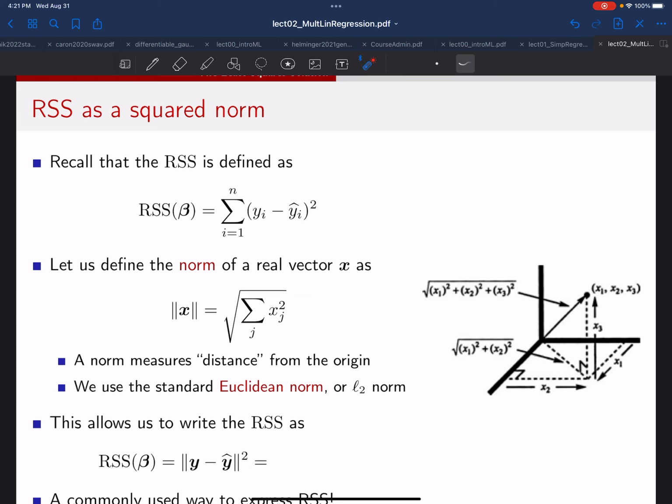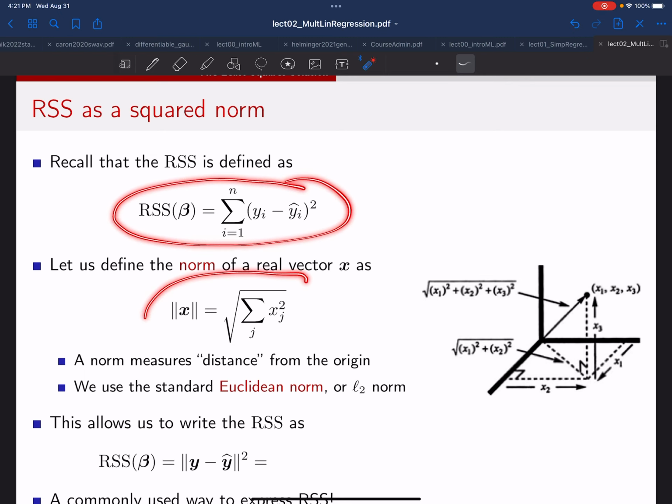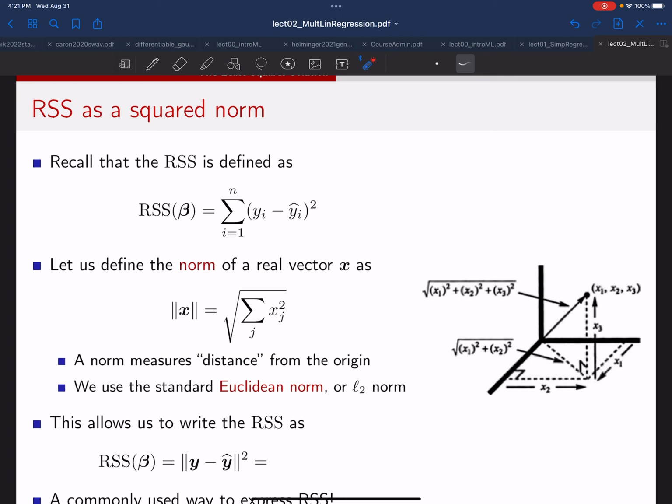And the point here is that when you look at this definition of RSS and you look at this definition of the norm, you can see that RSS is nothing more than the squared norm of the vector of the true labels y and the predicted labels y hat. Right, so does everybody see this? Just based on the above two definitions. So this is just a really concise way of writing RSS where you don't have to use a sum.